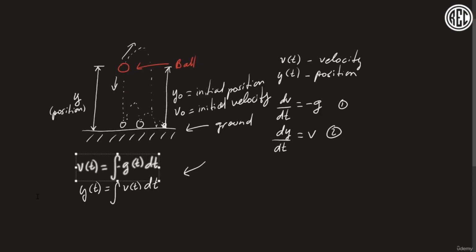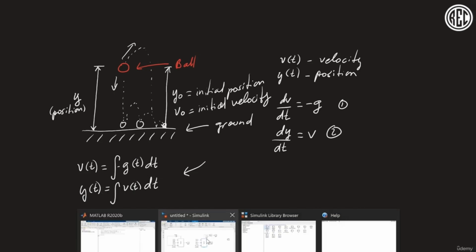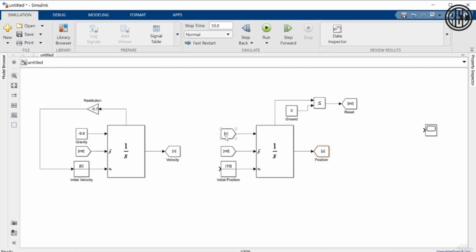Now, this block on the right is the other equation. So this equation over here, the position is the integral of the velocity. What that means then, again, is we're taking the velocity, we're integrating that, and that's going to give us the position y. Now, we're using this state port, which again gives us the state of whatever variable we're integrating, in this case, the position.